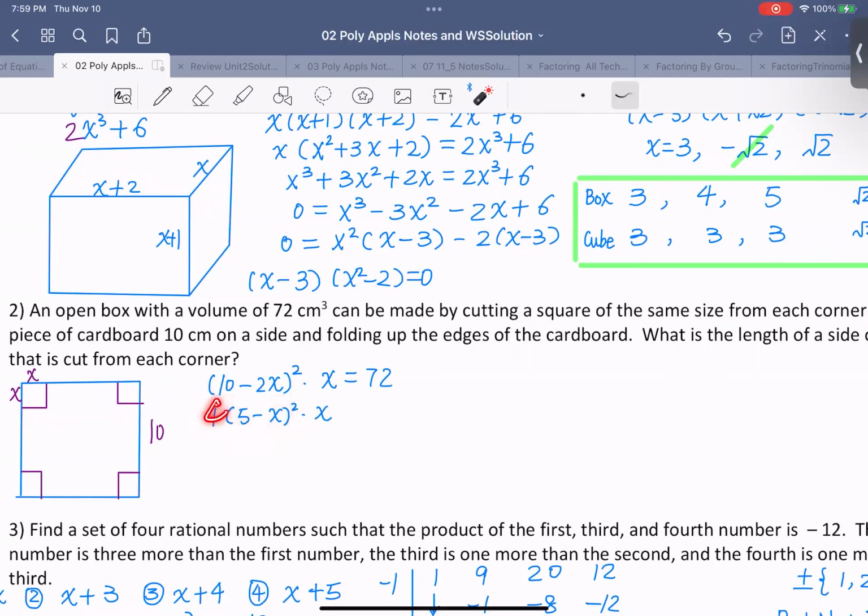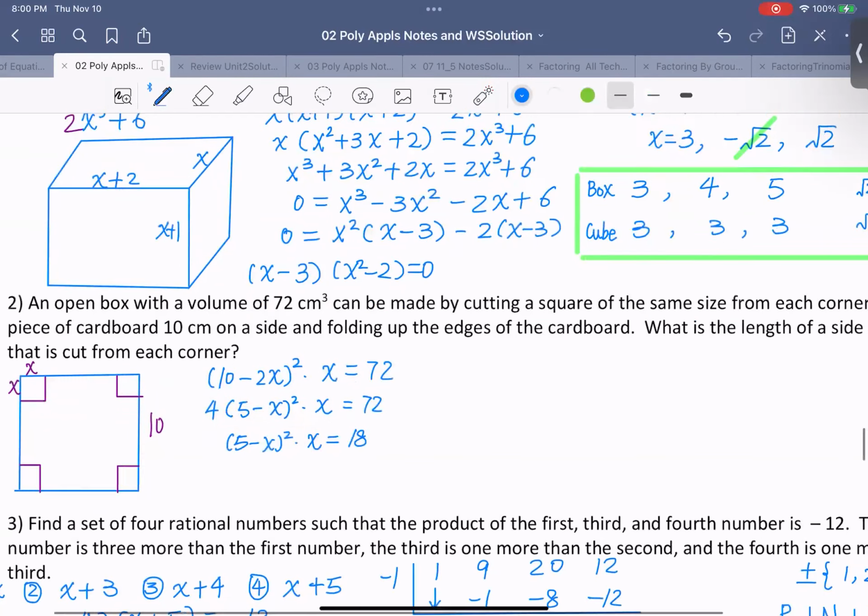So 2 squared is 4, so I'm going to take 4 out and I'm left with this. Is that okay? And then this 4 divided by 72. So (5 minus x) squared times x equals to how much? 18.